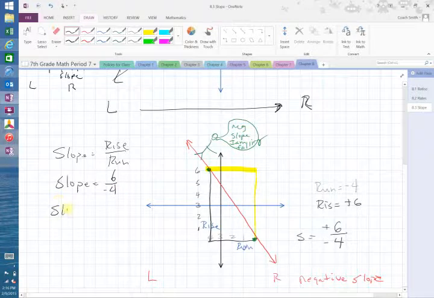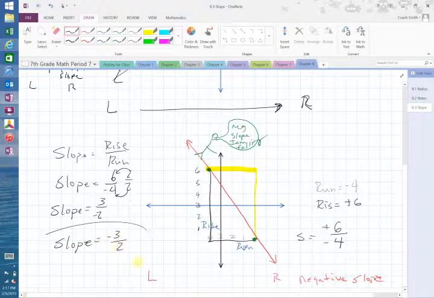That reduces. I'm going to reduce by 2 over 2. 2 goes into 6 three times, 2 goes into -4 negative 2 times. And so the slope is equal to -3/2. And that is your answer.